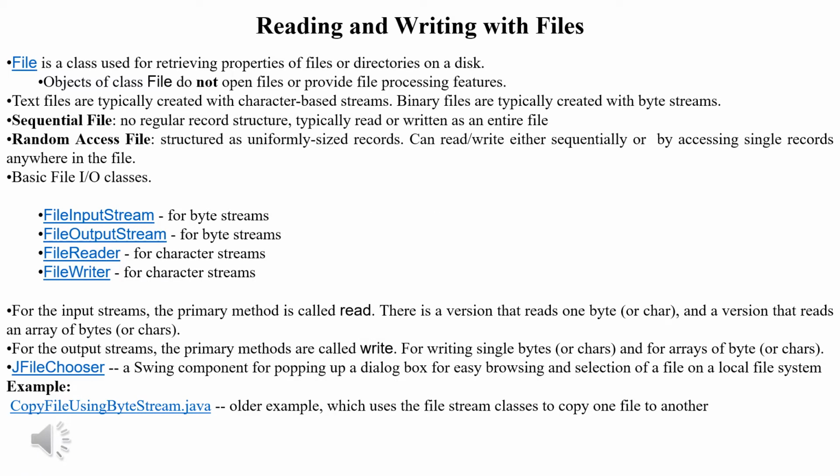Let's see how we can read and write with files. File is a class used for retrieving properties of files or directories on a disk. Objects of class File don't open files or provide file processing features.